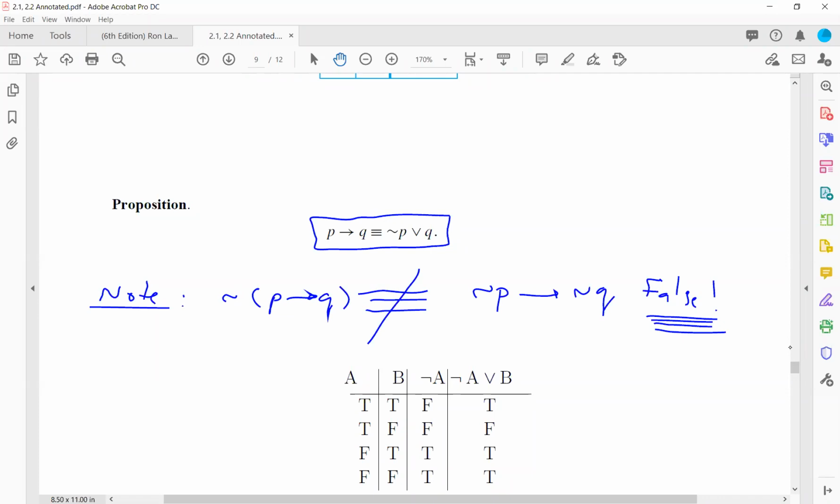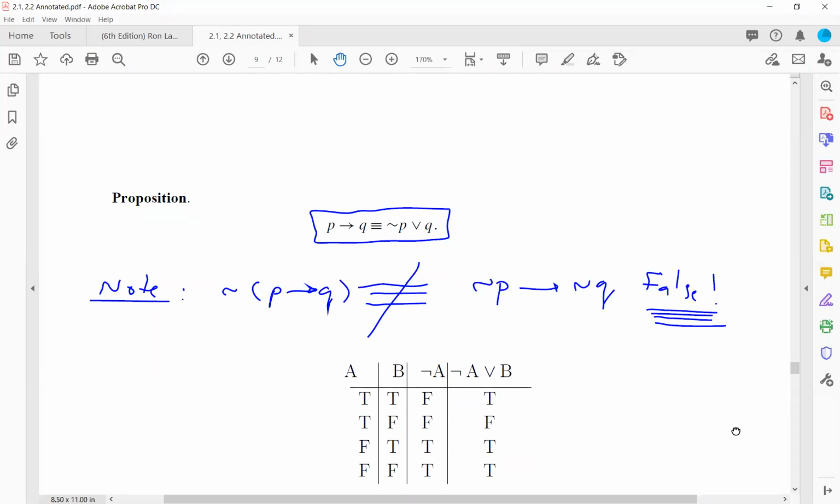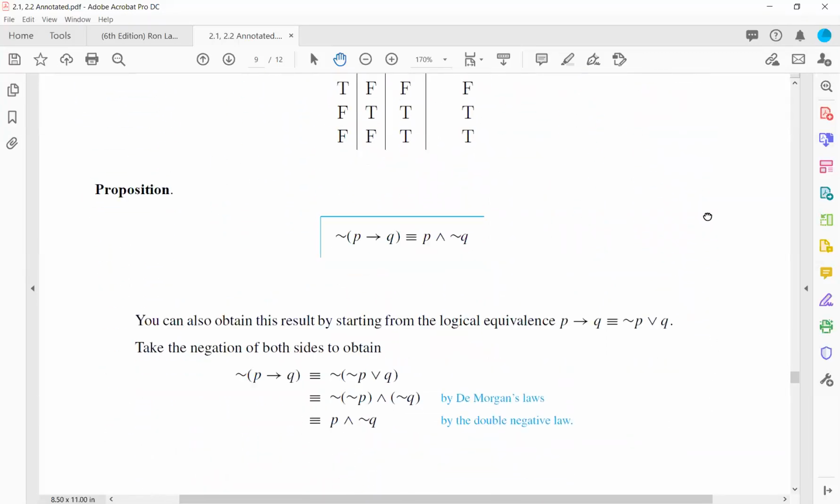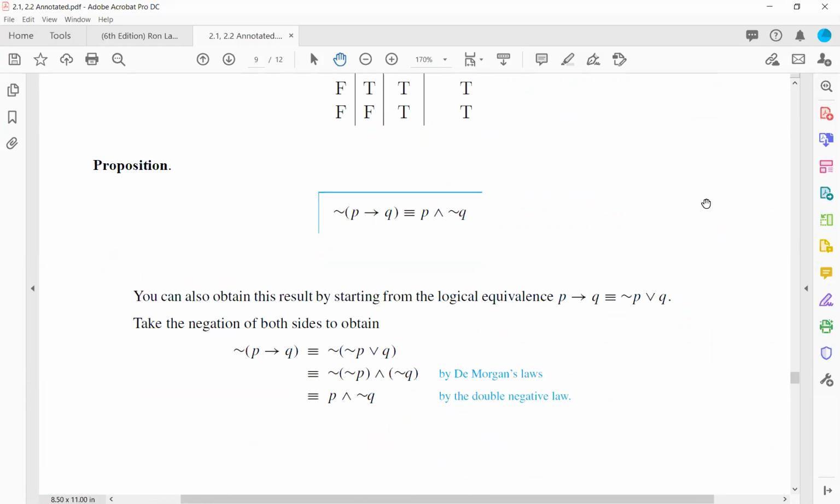Very well. We can prove the equivalency between P then Q and not P or Q using a truth table. Another proposition for you. The negation of P then Q is equivalent to P and not Q. How do we prove that?